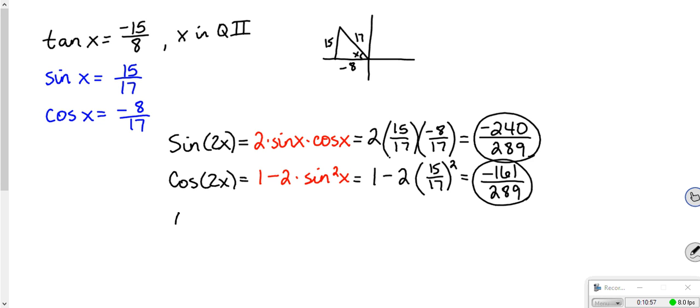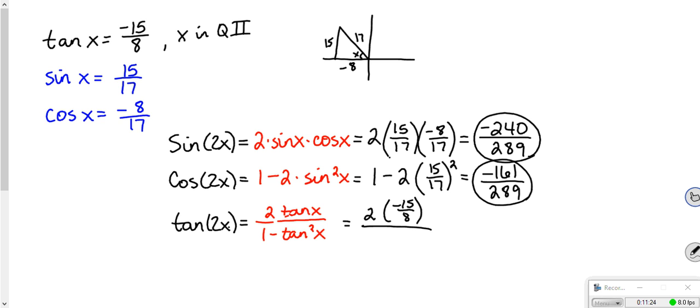Tangent 2x. Again, for tangent we only have one choice for a formula: 2 times tangent x over 1 minus tangent squared x. So for us, that is 2 times negative 15/8 over 1 minus negative 15/8 squared. Be careful if you're poking all this in a calculator that you're using parentheses correctly.